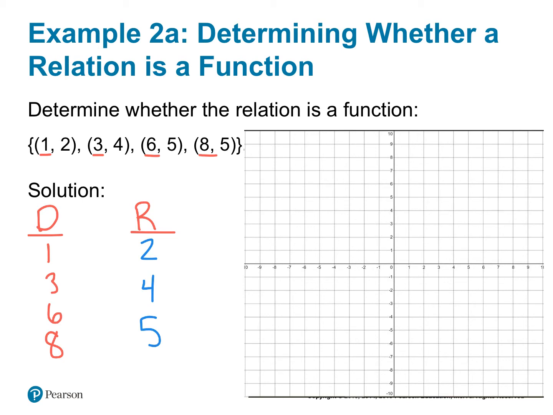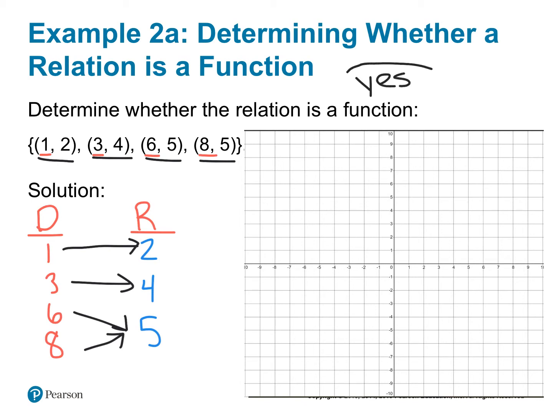So if you look at this, the 1 went with the 2, the 3 went with the 4, the 6 went with the 5, and the 8 went with the 5. So you notice the x's only occur one time. The range is the one where there are 2 5s, but in this case it only matters that each of the domain values only occurs once. So yes, it is a function.